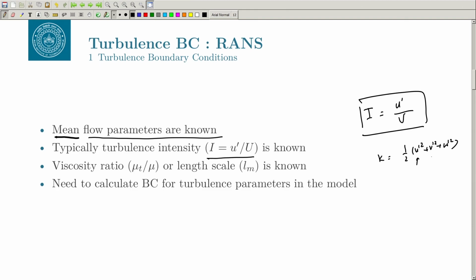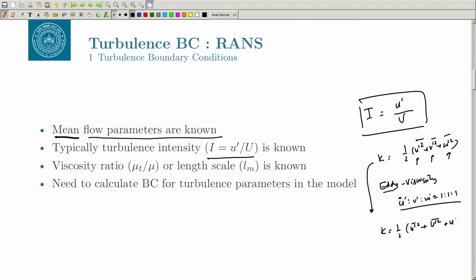Most of the RANS simulations are based on the eddy viscosity model, which we looked at earlier. There we assume that the turbulence is isotropic, so the scales of u prime, v prime and w prime are 1:1:1. So kinetic energy is equal to half of u prime bar square plus u prime bar square plus u prime bar square.